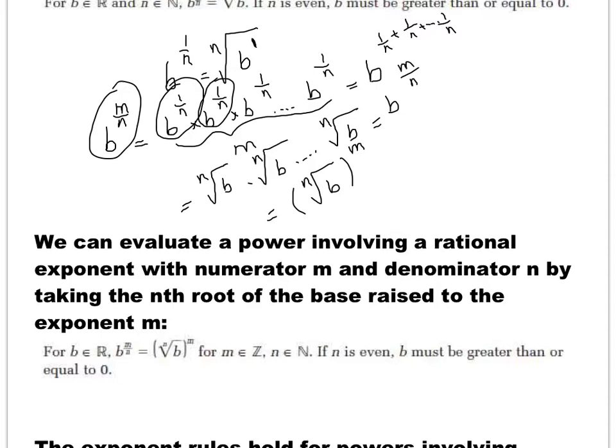So in this new definition, b exponent m divided by n is the same as root n of b exponent m, where n is a natural number, m again is an integer, and if n is even, b has to be greater than or equal to 0.